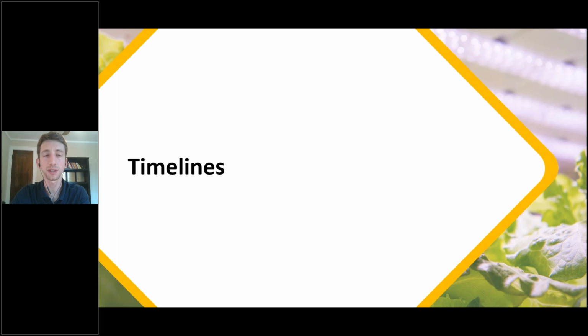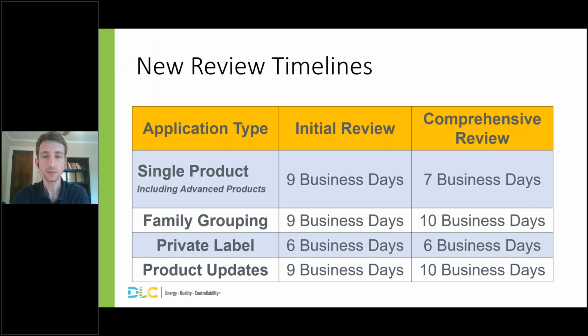In this next slide, I'll quickly go over the timelines for these new Hort applications. On the slide, you can see a table of the different time frames for the different application types. I will note that previously there were different timelines for a base or advanced product.